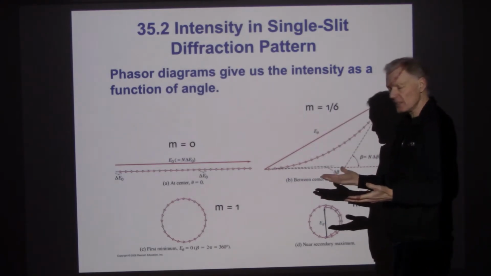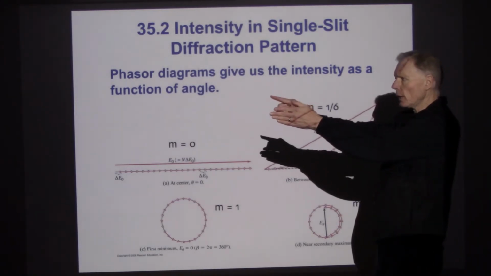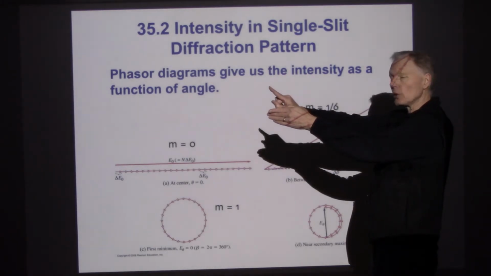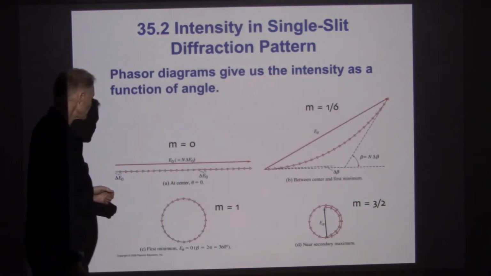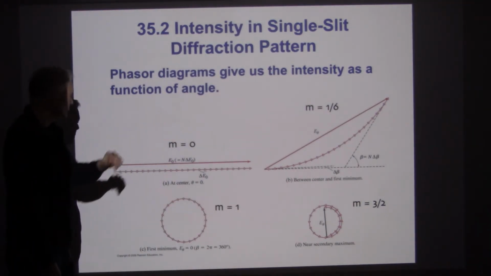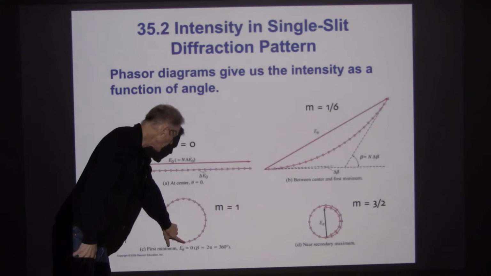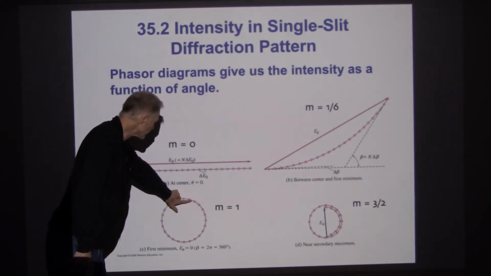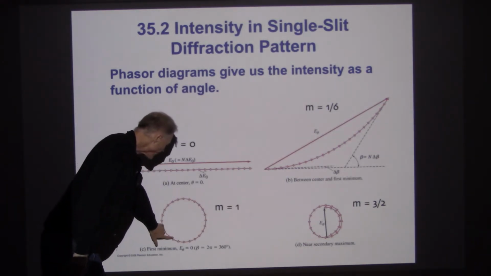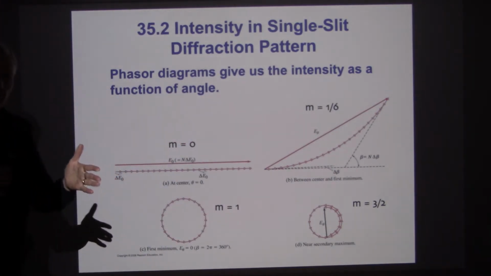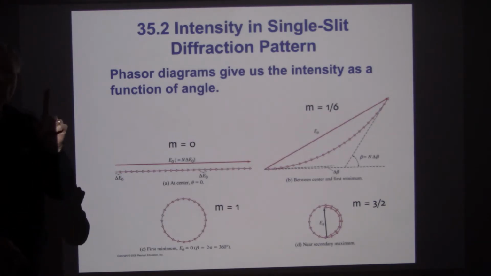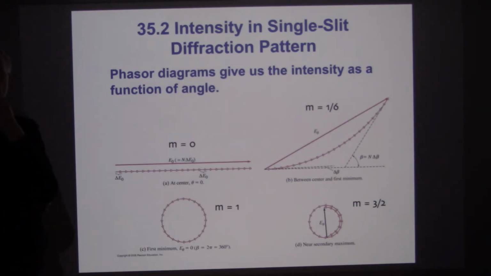What happens if I continue to look at a larger and larger angle along the screen compared with the center direction? At some point, I'm going to reach a point where the phase differences are large enough that if I look at one edge of the width and the other edge of the width, they're going to be out of phase by one exact wavelength.